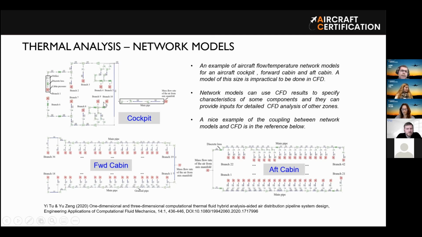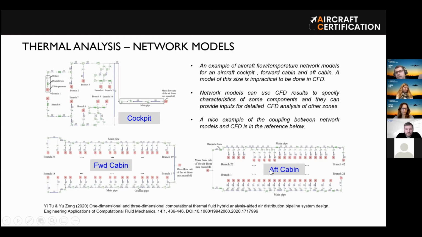Those are the nodes where we want to know what is the air pressure, what is the air temperature, how much airflow is passing through that division. Those nodes can represent the different branches of the duct distribution system. So we can do this in the cockpit, in the forward cabin, the aft cabin.